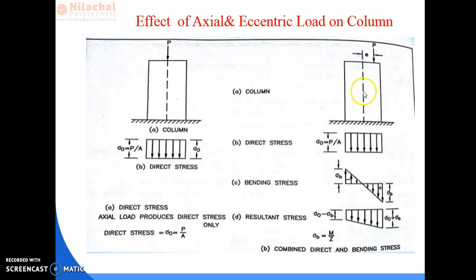As we know, when the load is applied, two types of stresses will be produced: one is compressive stress, another is tensile stress. The right part of the column will be subjected to tensile stress, and the left side will be under compressive stress.